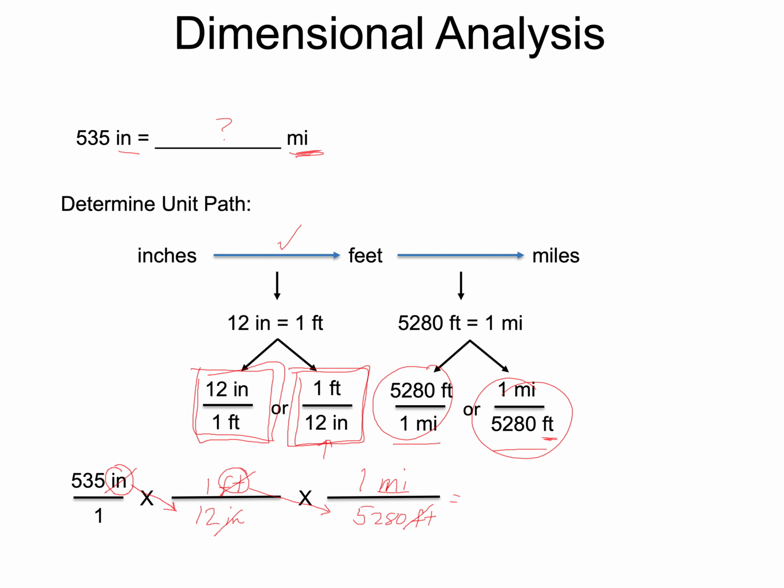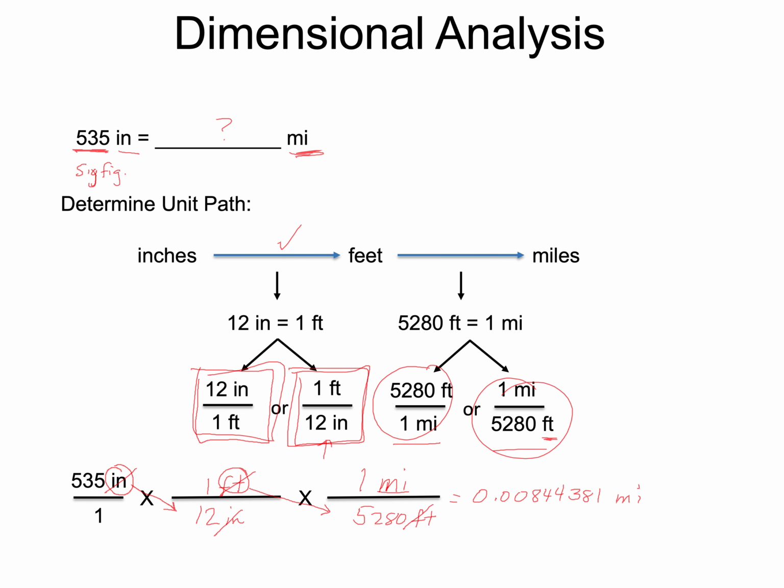When we do our math in our calculators, I get a fairly long decimal number that ends up being this right here, 0.00844381. Now what we want to do is make sure that in our calculation of conversions, the number of significant figures in our initial number is represented in our final number.